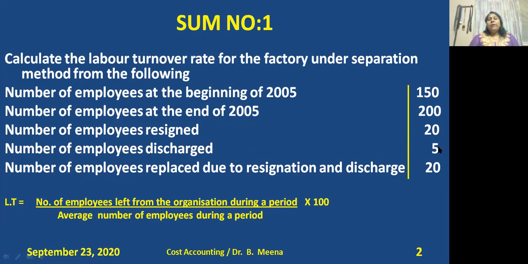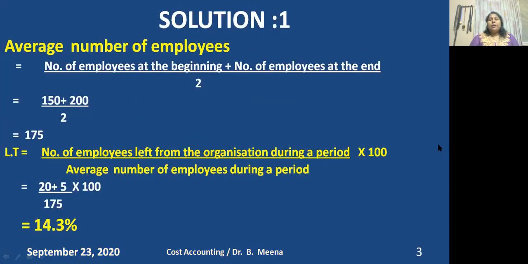So both I will consider under separation method because both are giving the same meaning, how many of them left from the organization. So 20 plus 5 divided by what is my average, 175 into 100, that gives me 14.3 percentage as labor turnover under which method? Separation method.